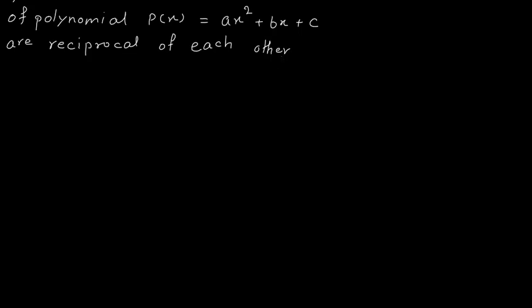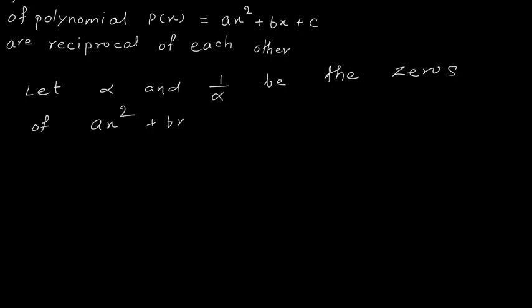So I will say, let alpha and 1 upon alpha be the zeros of ax square plus bx plus c.